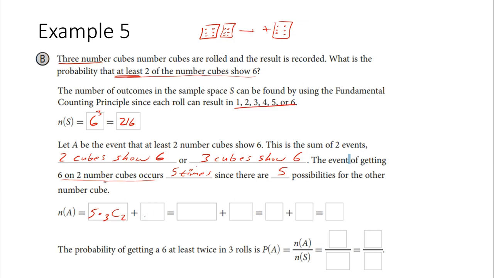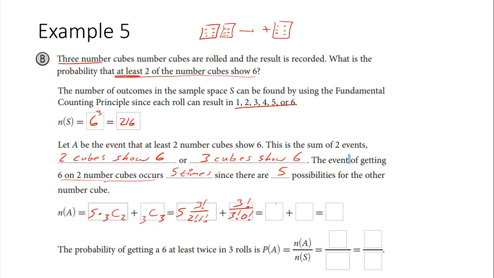But again, you have to consider the fact that you can get the third die to also give you a 6. So in reality, that's 5 times 3 factorial divided by 2 factorial times 1 factorial, since 3 minus 2 is 1, plus 3 factorial divided by 3 factorial times 0 factorial, since 3 minus 3 is 0.